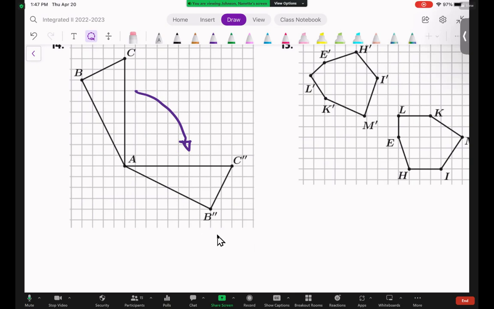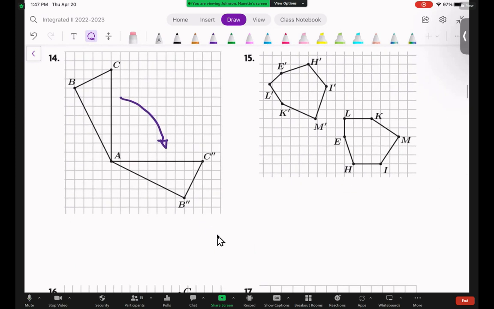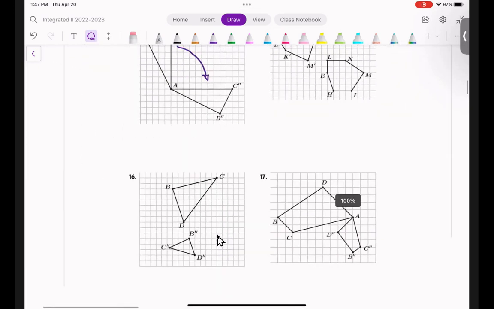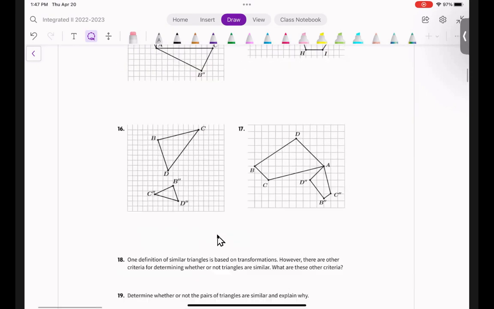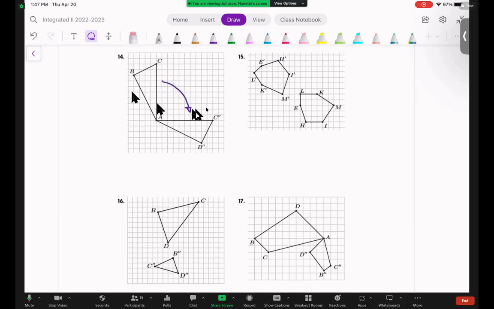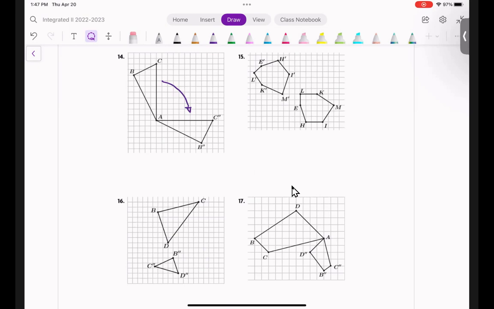Okay, so I'm going to let you guys choose between these four. Your group gets to choose one that you think is fairly approachable by yourself, the quote unquote easy one, and then choose the one that looks a little bit harder.